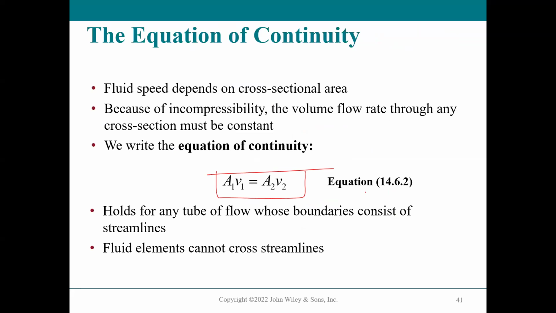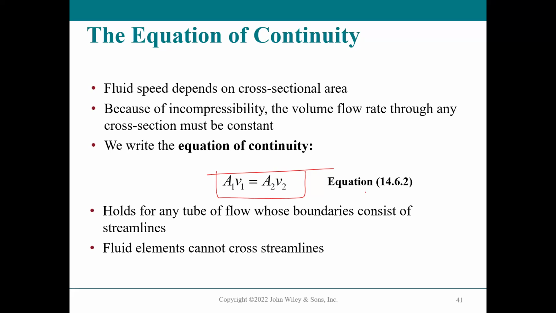So, for example, you can imagine there is the input volume, then the output volume. Input and output will be the same as volume.